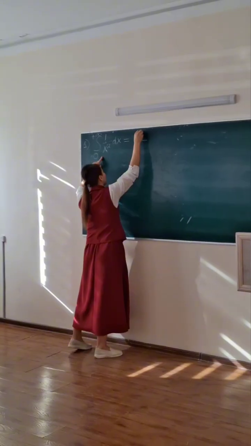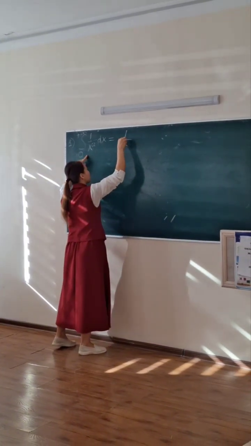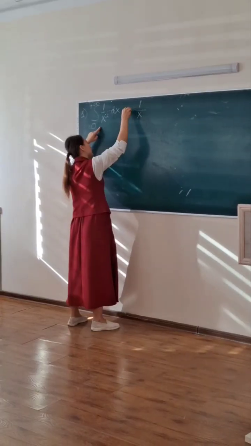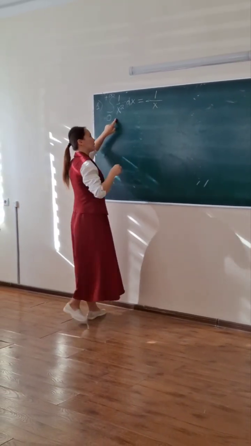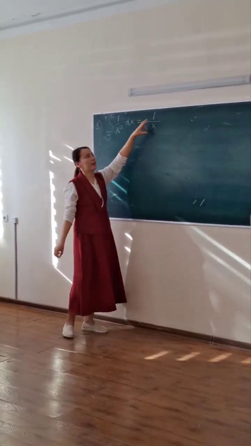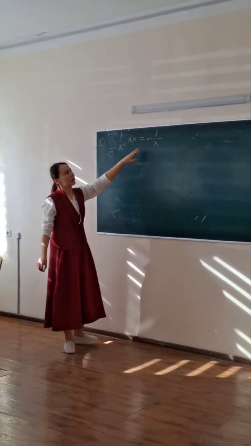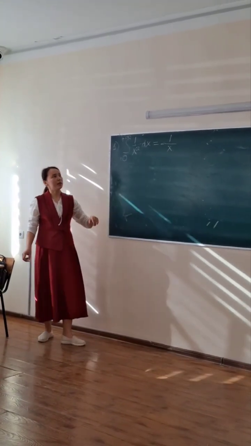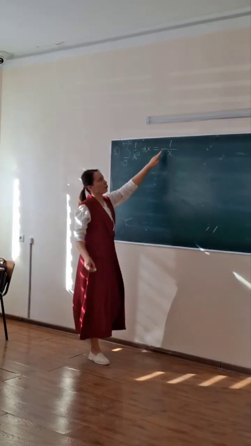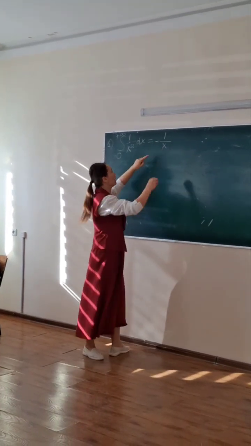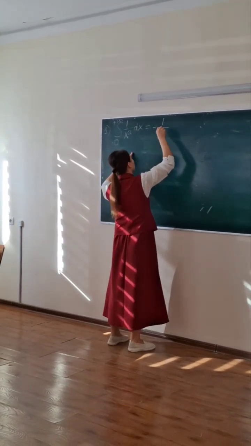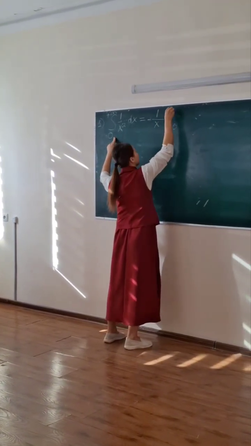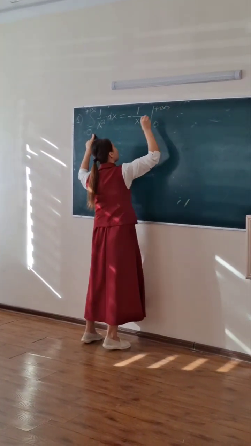It is equal to 1 over x, but we should write a minus sign, because the derivative of 1 over x is equal to minus 1 over x squared. That's why we write minus. And we use 0 and plus infinity.